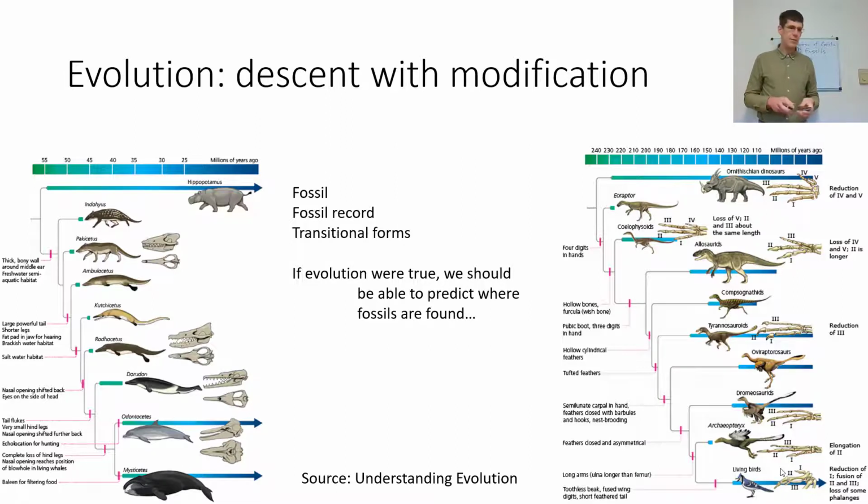Not only that, but if evolution were true, we'd be able to predict where to find the fossils. So if we see birds and coelophysoids, coelophysoids. My poor child's brain is just like, no, you're mispronouncing your dinosaur names. Coelophysis should be way back in the Triassic. It is. Living birds should be happening now. They are. We should see something in between before we see real birds evolve.